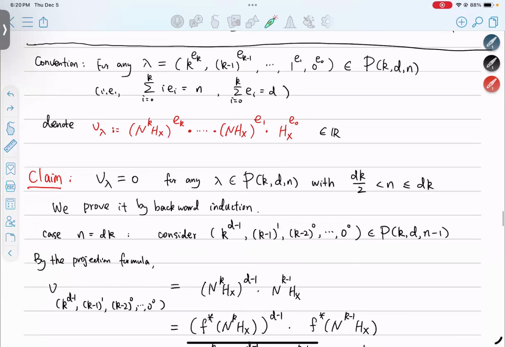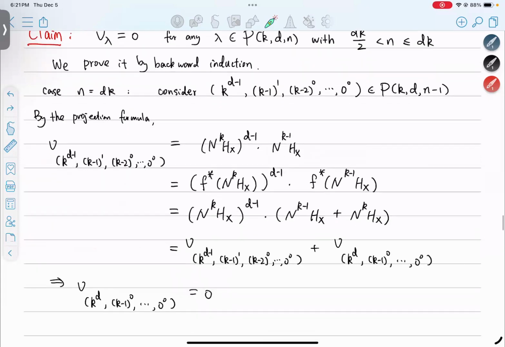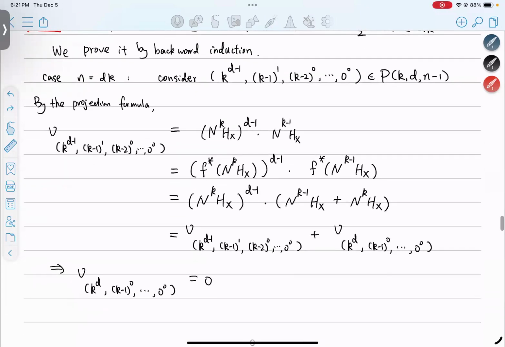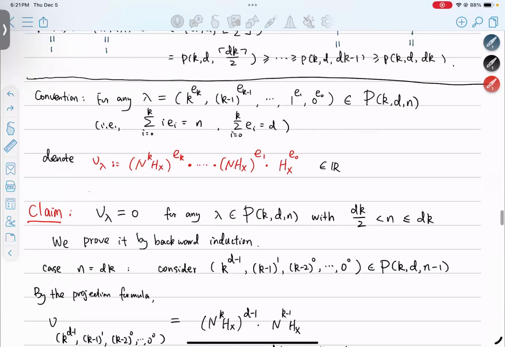First, the trivial case, when n is equal to dk. We want to show V lambda is 0. In this case, V lambda is just the intersection number of n_k hx to the d.